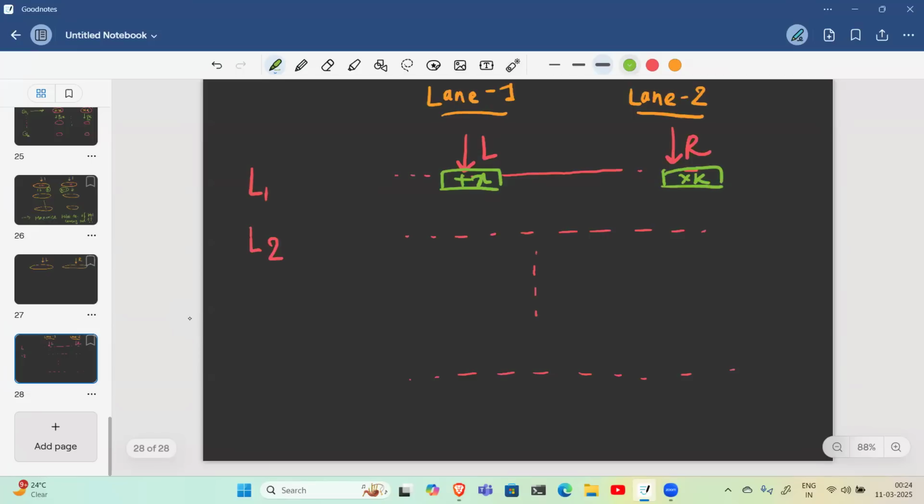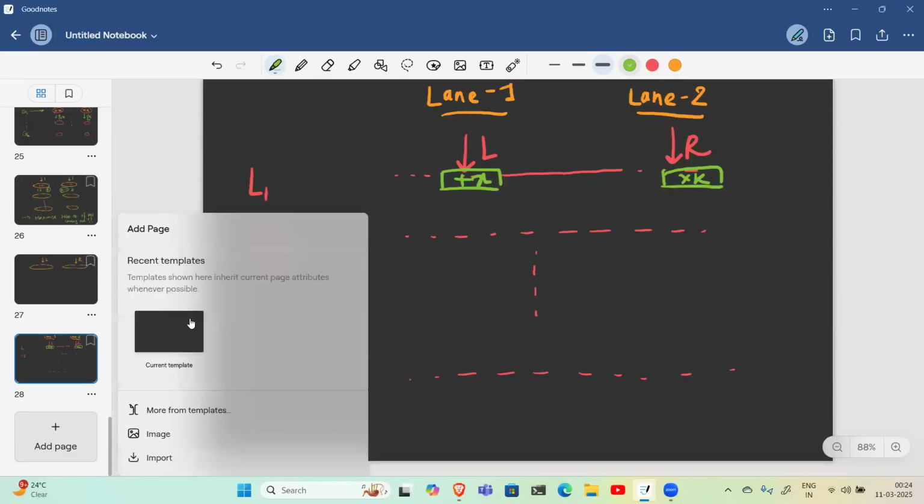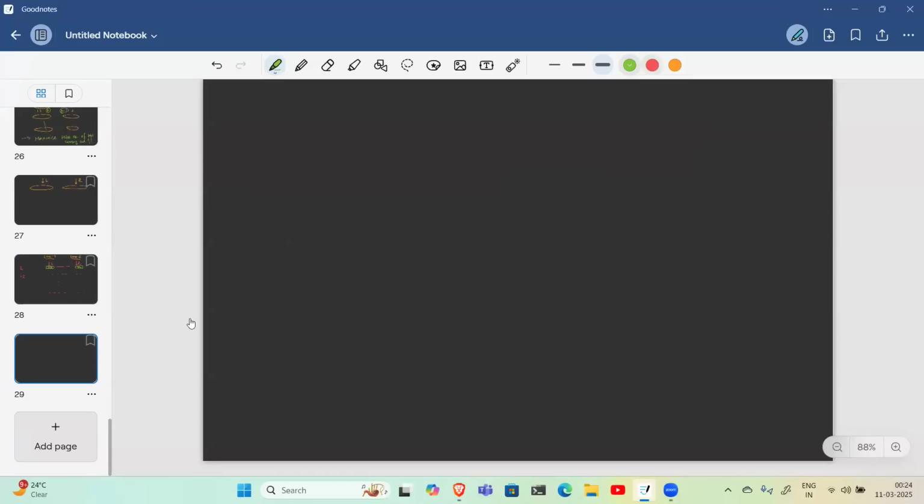Any of these 2 forms the gates can be. Now my idea is, what should be the function? Suppose f of L comma R is the maximum number of people who can come out.